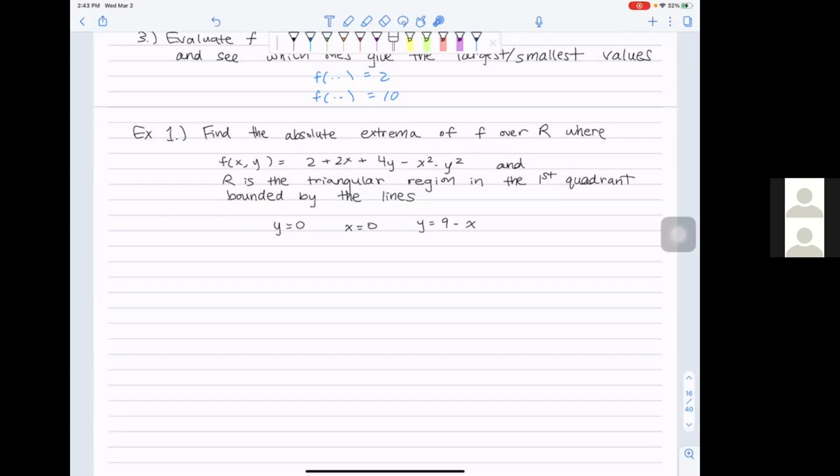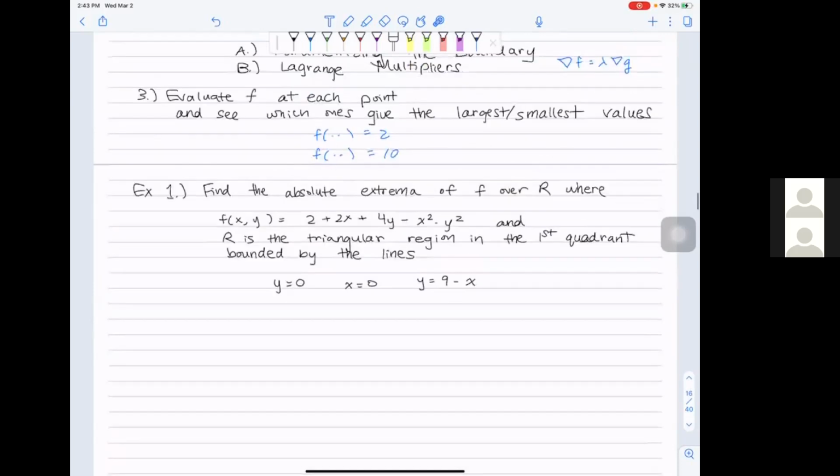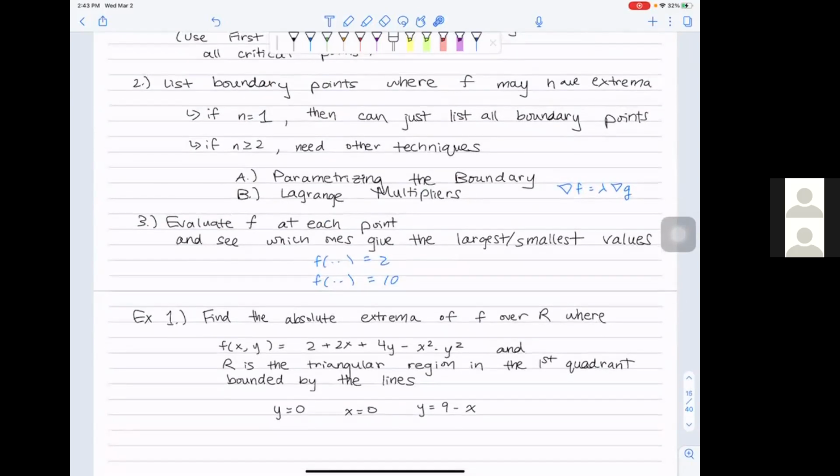So we have the gradient with respect to x. Well, that gives us 2 minus 2x. Gradient with respect to y gives us 4 minus 2y. And we want to set that equal to 0, 0.